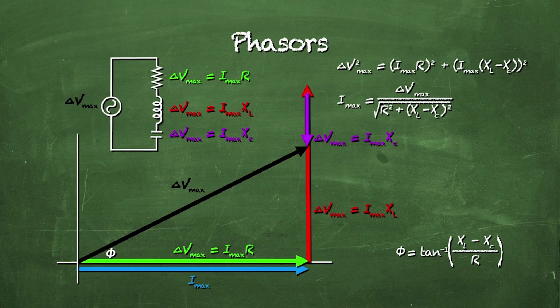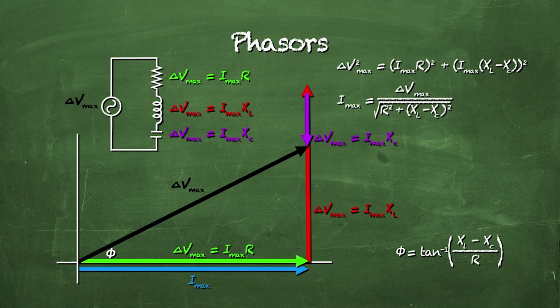And then the square of our hypotenuse is I max times R squared plus I max times X sub L minus X sub C squared, which we can solve to get I max is equal to delta V max divided by the square root of R squared plus X sub L minus X sub C quantity squared.